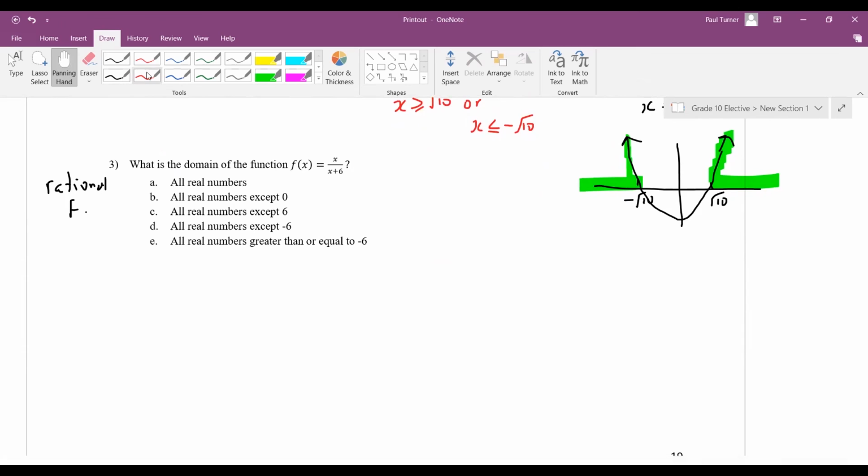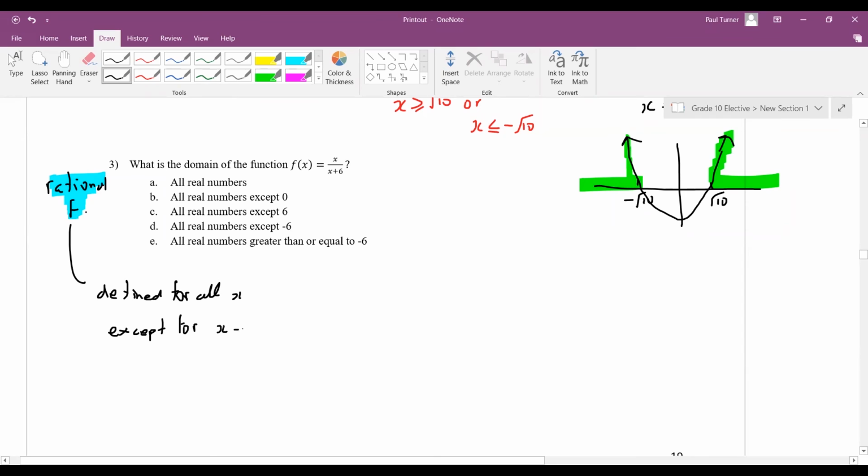Okay, this one should be easy because it's a rational function. We know that these are defined for all x except when the denominator is 0, except for x values that make the denominator 0.